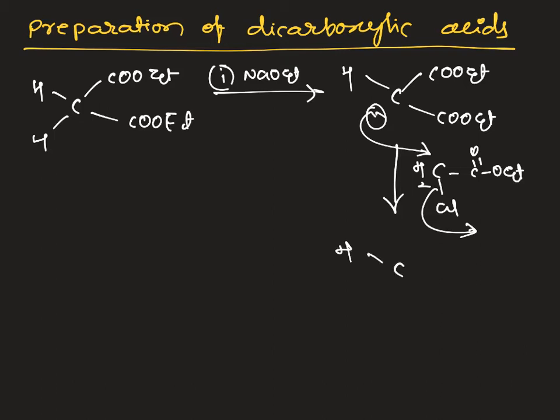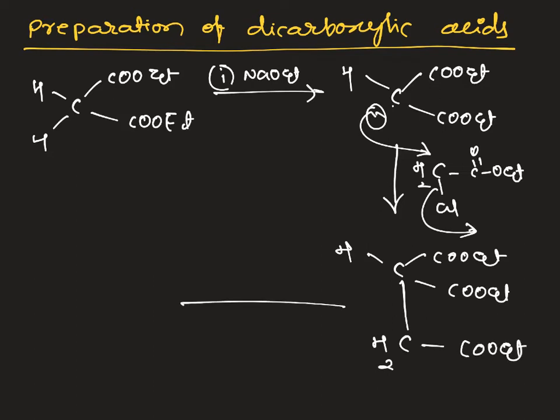product, COOEt, and this carbon is attached to this carbon, now it becomes CH2 and COOEt. On hydrolysis reaction at elevated temperature, this group, this group and this group undergo hydrolysis. In each case we can see carboxylic acid formation.